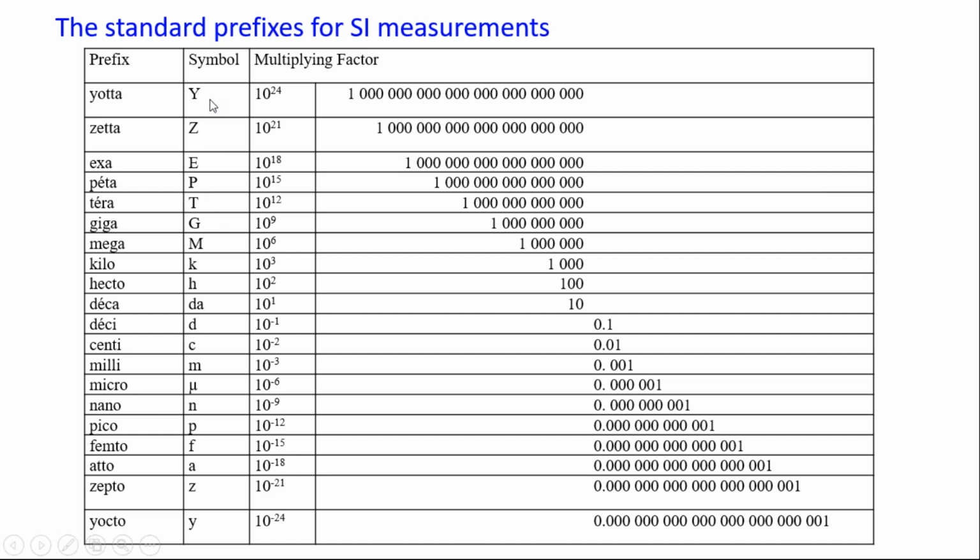These larger numbers, where do you come across them? You come across them in terms of bytes. You have 1 terabyte of storage or 1 gigabyte of RAM. So those are for different purposes. But we need to know, if I ask you to convert a number from kilogram to picogram, you should be able to do it.